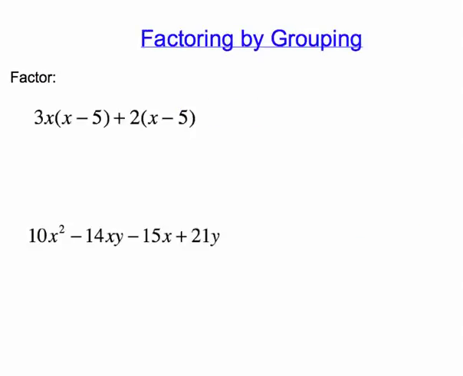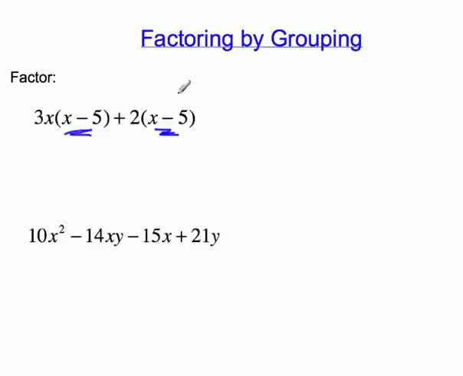Now, factoring by grouping is quite similar. The first way to think of it is that sometimes the common factor can be a binomial. In the examples we just looked at, the common factor was a monomial, 1 term, but sometimes it can be 2 terms. So you see here that x minus 5 is a binomial that's actually common to both this part of our expression and this part as well.